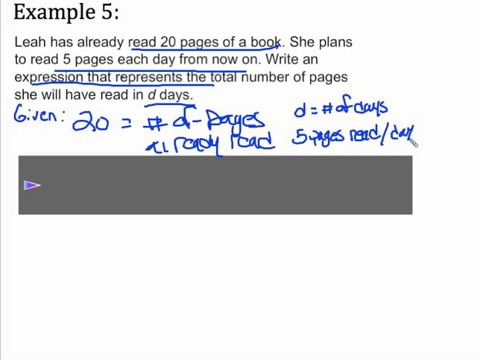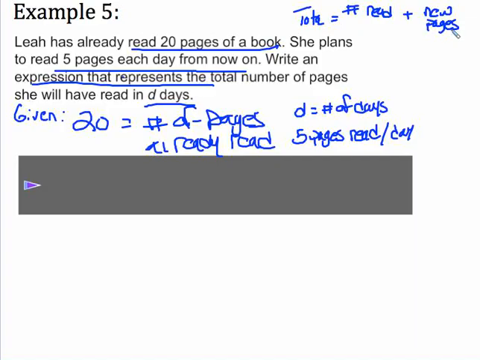If I want to write an algebraic expression for the total number of pages, the total is going to be equal to the number read already plus the new pages that she reads.